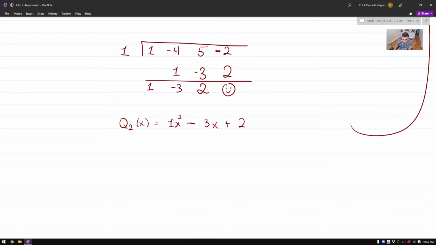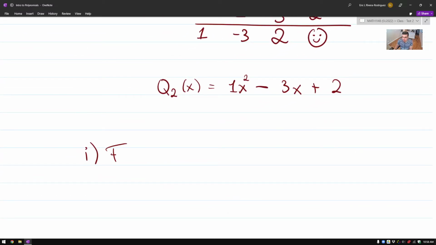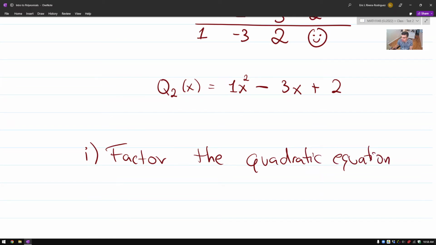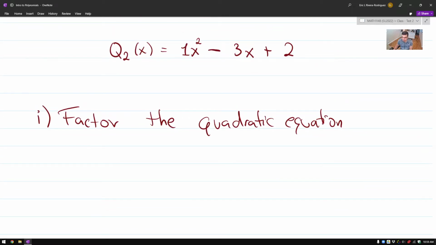So next step: factor the quadratic equation. The quadratic equation is the equation with degree of 2.